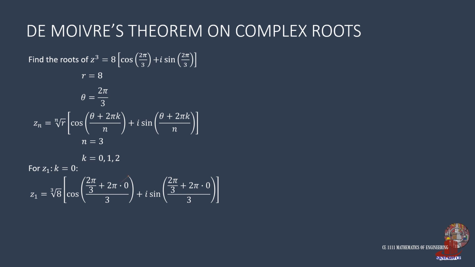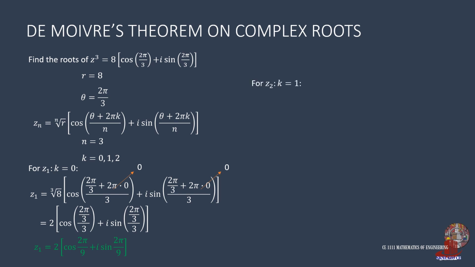The added revolution is simplified as 0, so z1 is then 2 times cosine of 2/3 of pi upon 3 plus i sine of 2/3 of pi upon 3, which is then taken as 2 times cosine of 2/9 of pi plus i sine of 2 pi over 9.